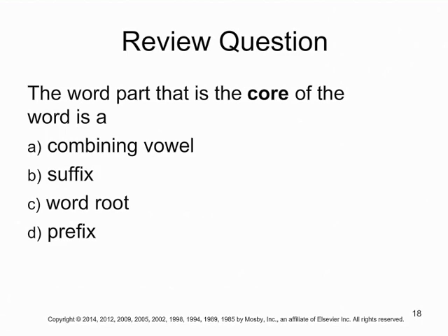Prefix goes at the beginning, suffix at the end, and sometimes we use a combining vowel. And it's important to know that not all medical words have both prefixes and suffixes or combining vowels. We're going to find instances where there might be none of those, one of them, or many of them.